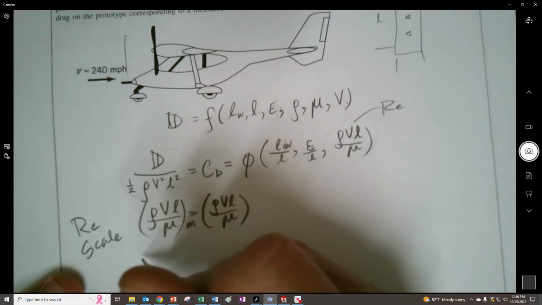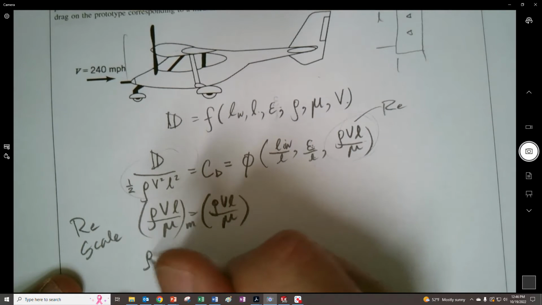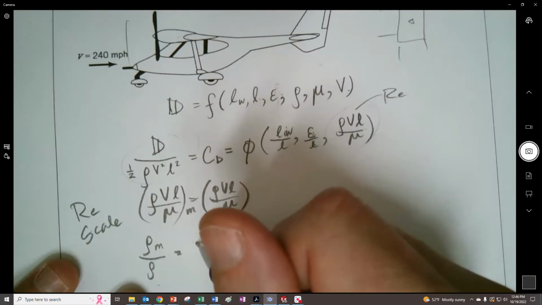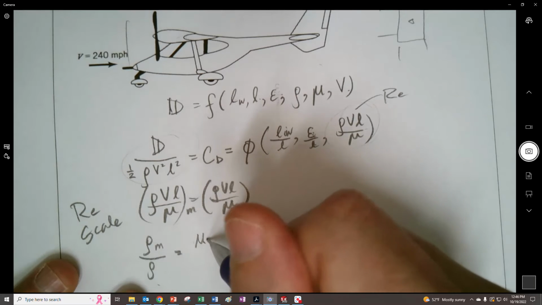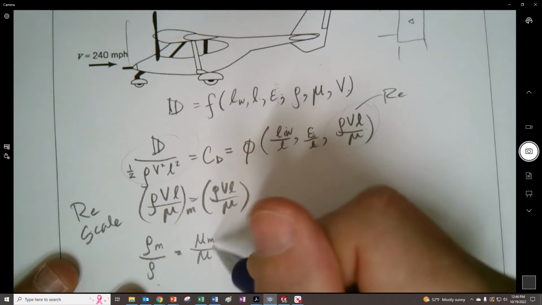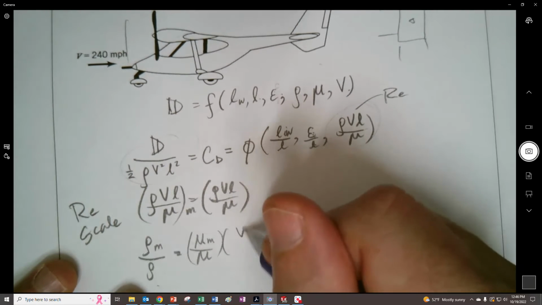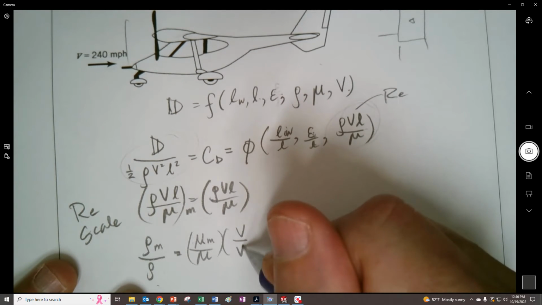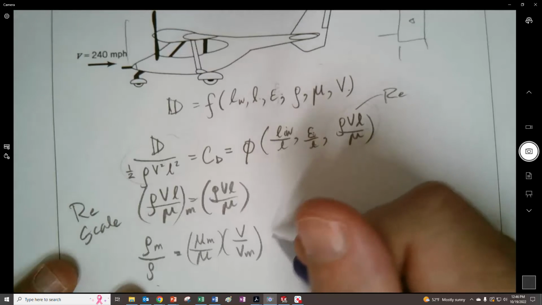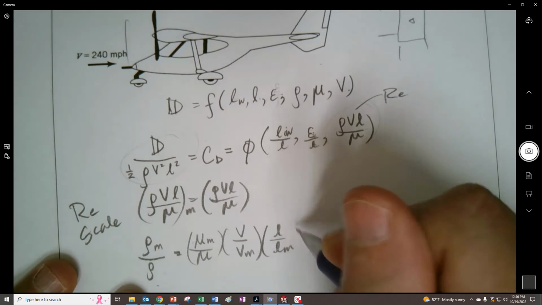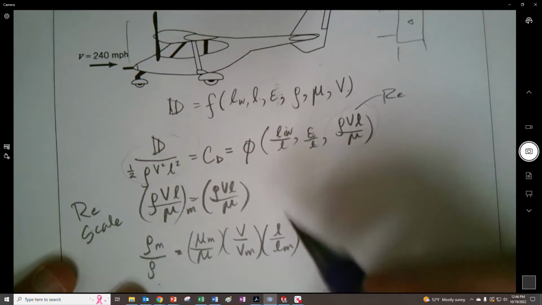So that's our reasoning for figuring out what that ratio needs to be. And so we have the mu of the model divided by the mu of the real thing, and the velocity of the real thing divided by the velocity of the model, and then the length of the real thing divided by the length of the model.